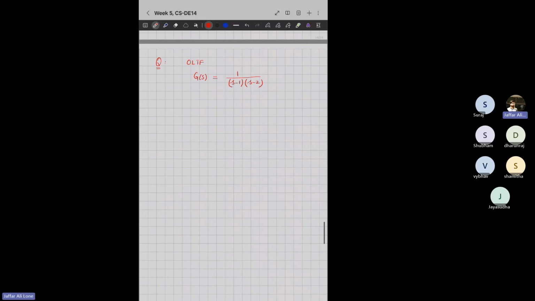Now see, this question, I want everybody to answer this question. So this is a very good question. I'll give you options as well. So you're given an OLTF, an open loop transfer function. Then what is the value? This will cover the concepts of earlier weeks as well. What is the value of H? So my H is feedback.